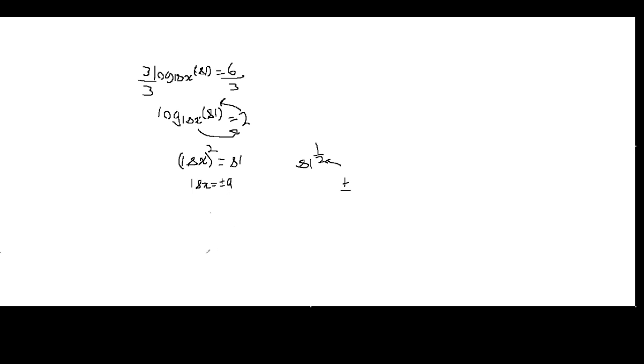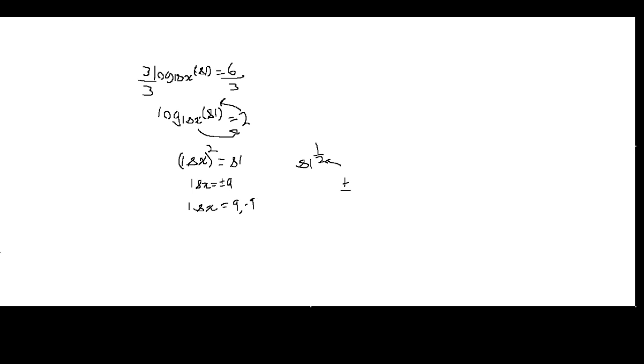So now with your 18x equals plus or minus 9, you just divide by 18, right? So what this really looks like is 18x equals 9, negative 9.